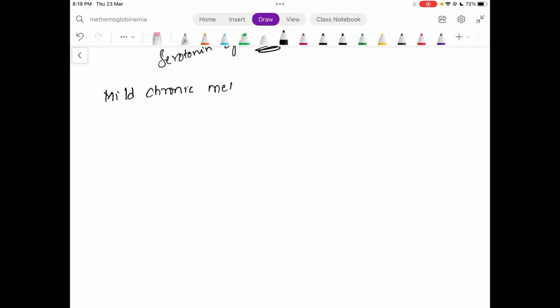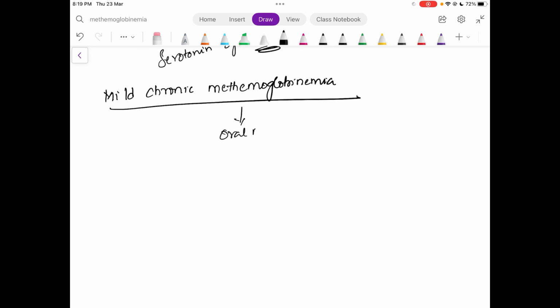In mild chronic methemoglobinemia, you can use oral medication. In this oral medication, we can use methylene blue.